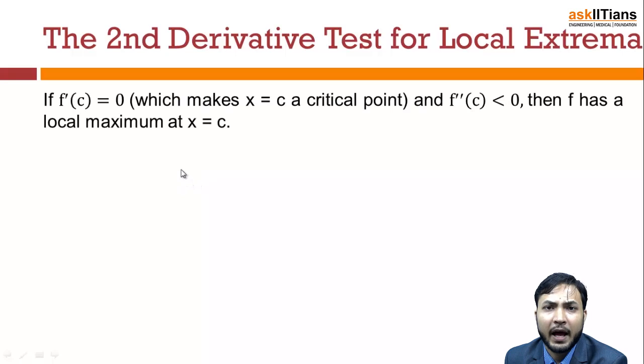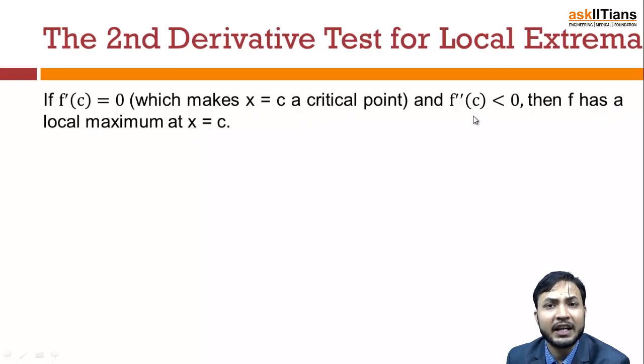Let's say I have my function, and if I have my f dash c equal to 0, which it makes at a particular critical point, and my f double dash c is less than 0, then f has a local maxima at x equals c, just as I told you.